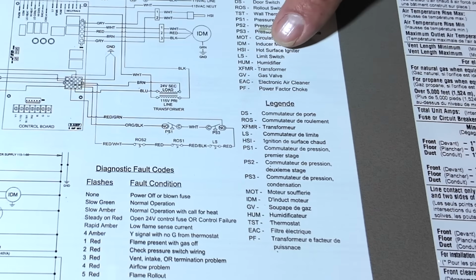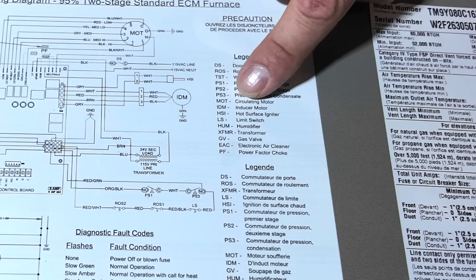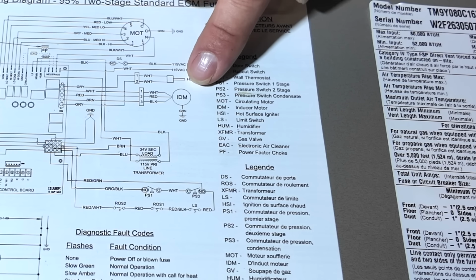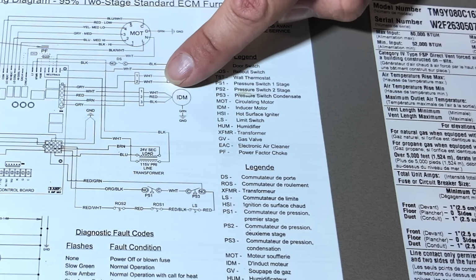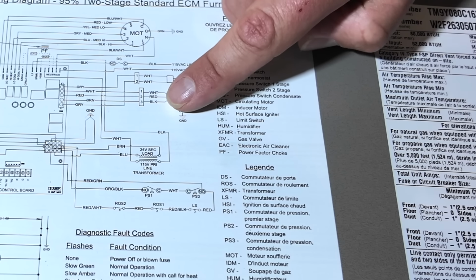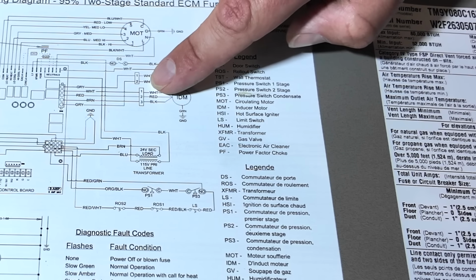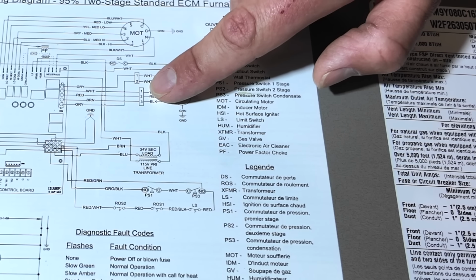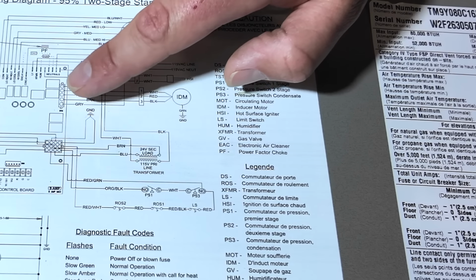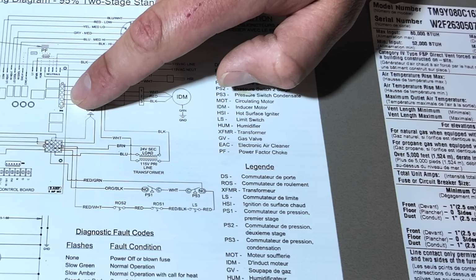The abbreviation is right here, inducer motor. On the wiring diagram, you can see it's right here, IDM. We've got a white, a red, and a black wire. You can see there's 1, 2, 3. This is a plug. That plug goes from here to the plug on the board.